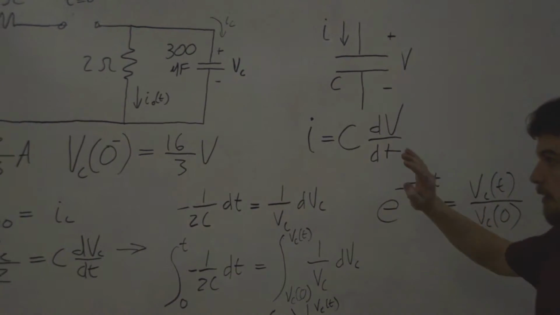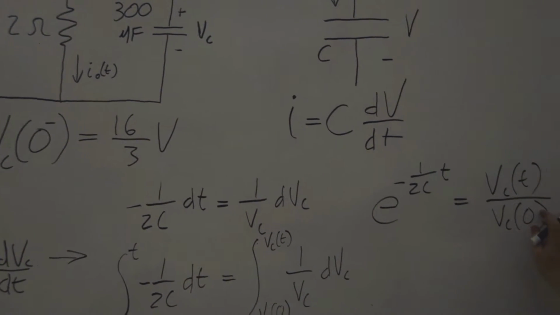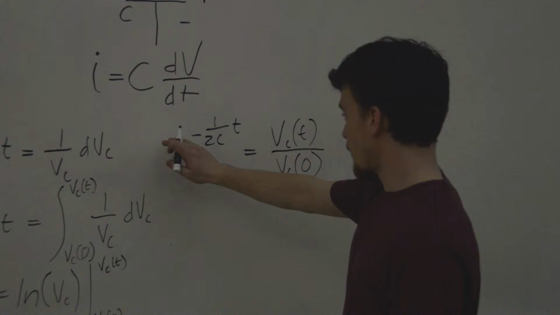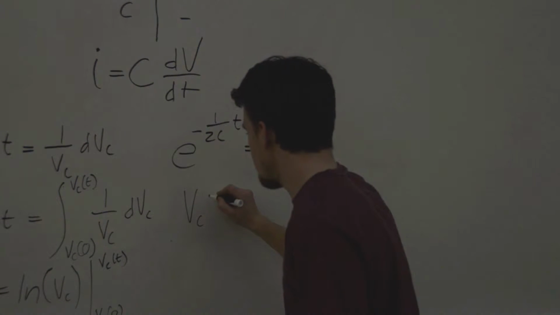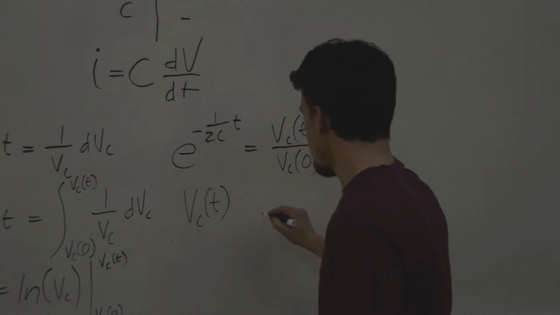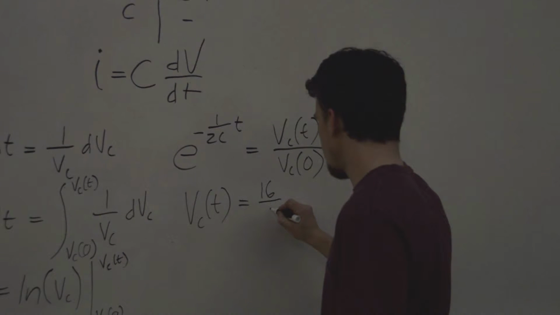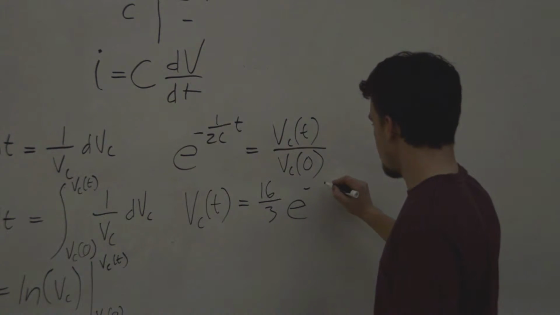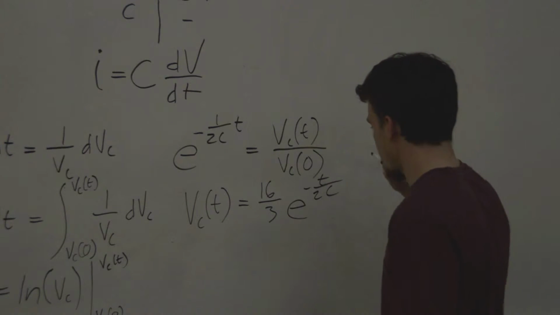We figured our initial conditions. VC at time equals 0 is 16 over 3 volts. So we can multiply both sides by that, and then we'll get VC of t is equal to 16 over 3 volts times e to the negative t over 2 times our capacitance.